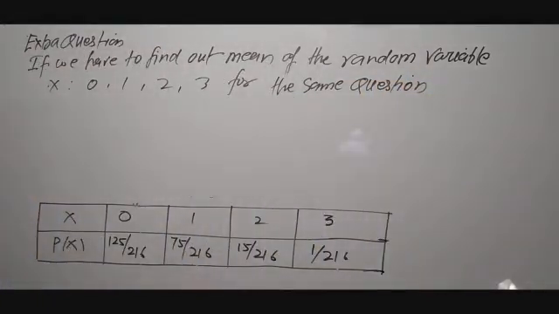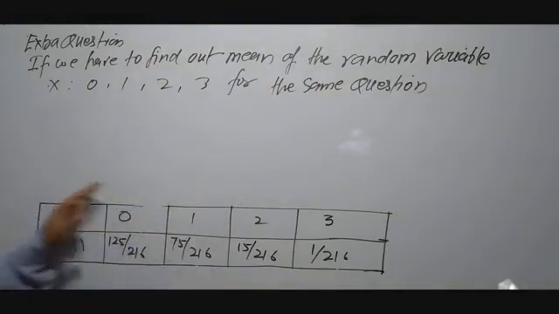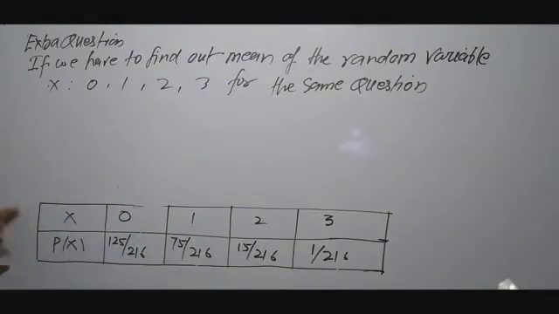So what will you do? You will complete the same steps. First of all you have to find the probability distribution table, and we have completed the probability distribution table.